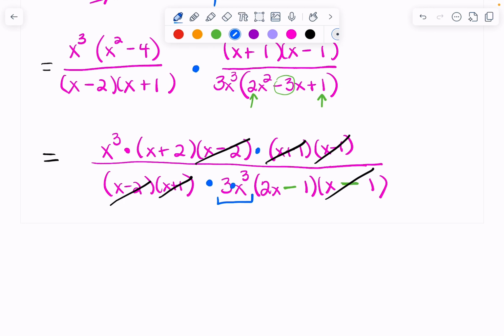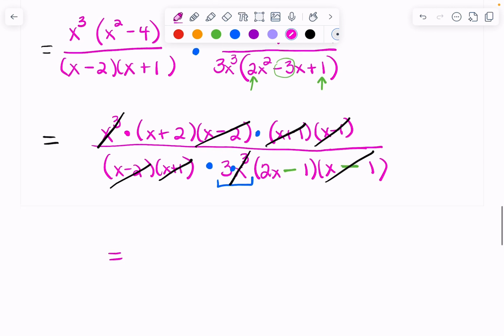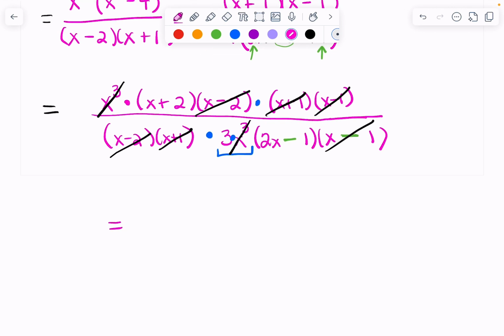So if you want to think of those as two separate factors, the 3 factor and the x cubed, that's fantastic because you can take the x cubed and cancel with the x cubed factor on top. So your grand total final answer, the only thing that didn't cancel from the top was x plus 2. And for the bottom, you got a 3, and then there's a 2x minus 1.